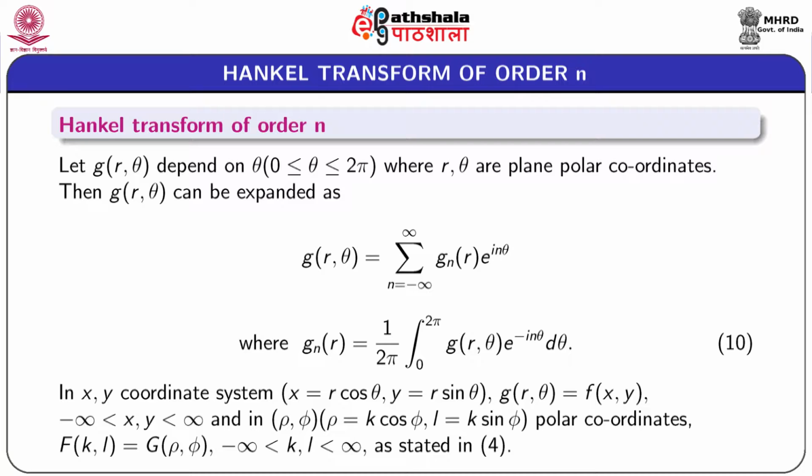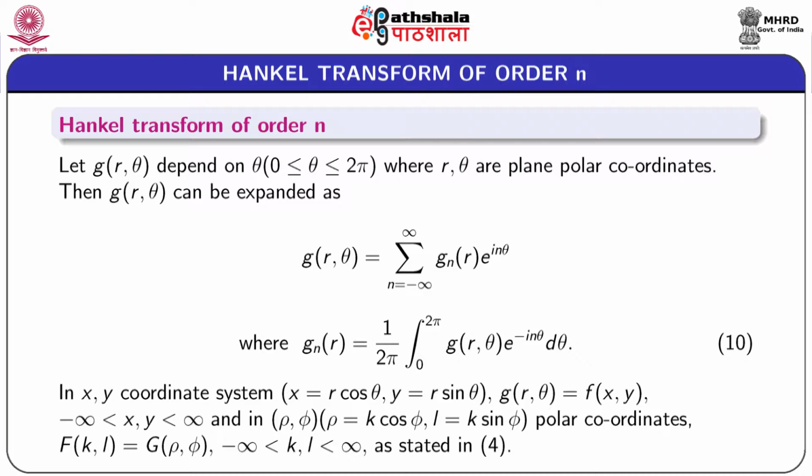Then we can expand g r theta in Fourier series as given by g r theta equal to summation n equal to minus infinity to plus infinity g n r e to the power I n theta, where the coefficient g n r is equal to 1 by 2 pi integral from 0 to 2 pi g r theta e to the power minus I n theta d theta as given by equation 10.